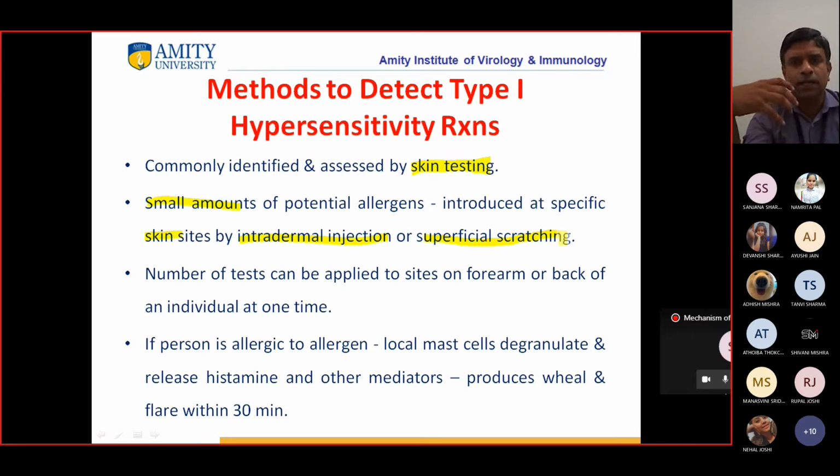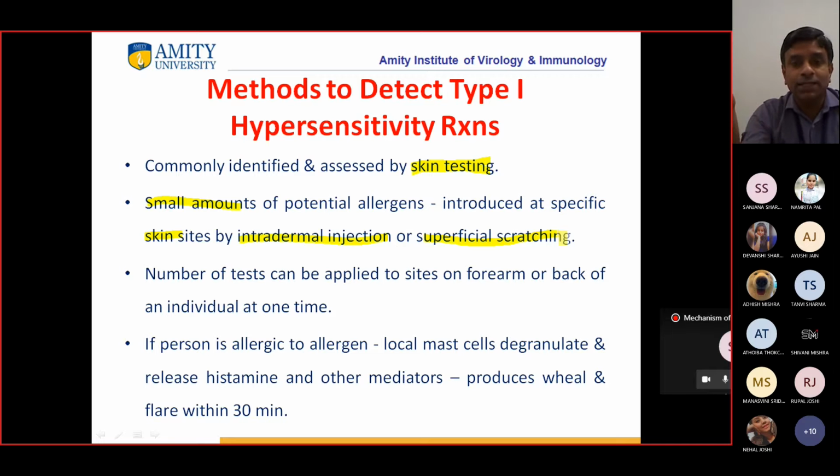Now suppose you say that usually when I take a bath with a specific soap, I get these rashes. The doctor will see that in this soap there are four things which can cause allergy. So you can have those four allergens in small amounts, and they can be injected intradermally.